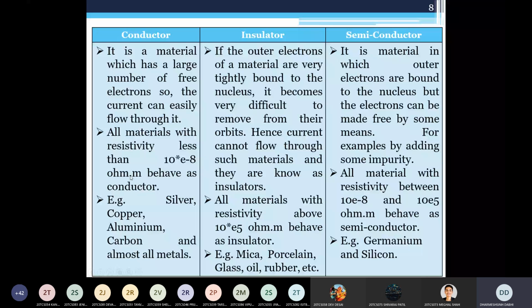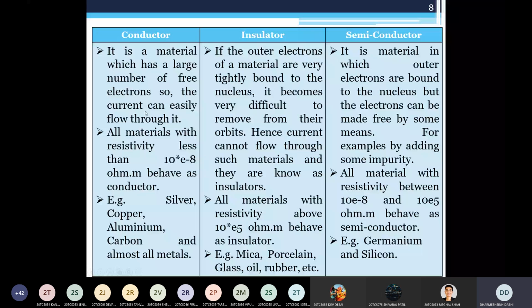What are examples of this type of material? Silver, copper, aluminum, carbon, and almost all metals have resistivity less than 10 raised to minus 8 ohm meter. So all these metals behave as conducting materials.